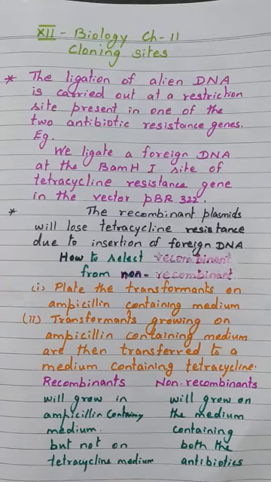Hello students, in the previous classes we studied recombinant technology, how to separate DNA fragments by using agarose gel electrophoresis, and also the tools of recombinant DNA technology. What are the different tools of rDNA technology?